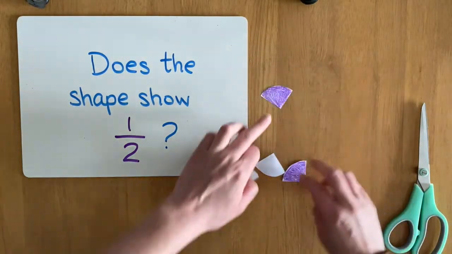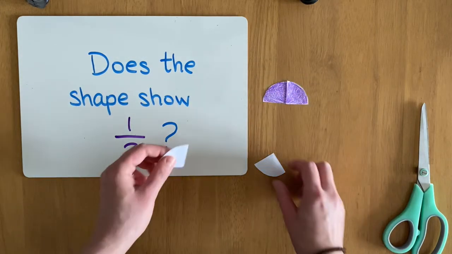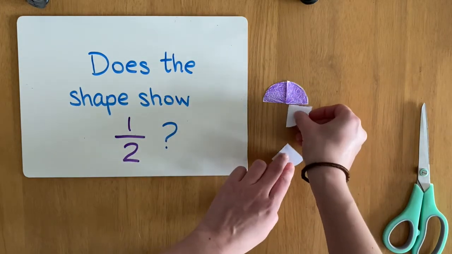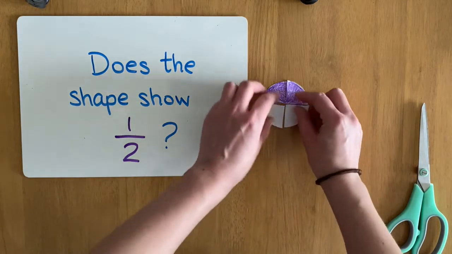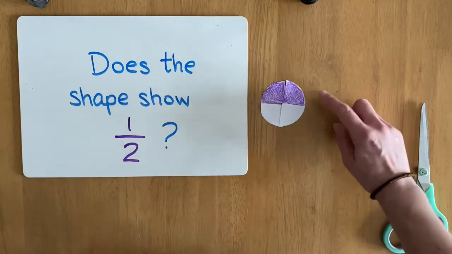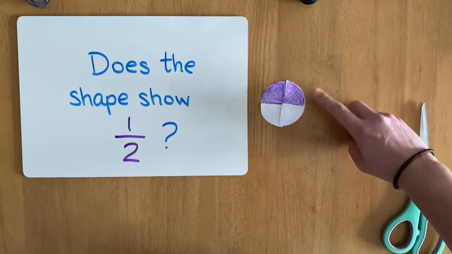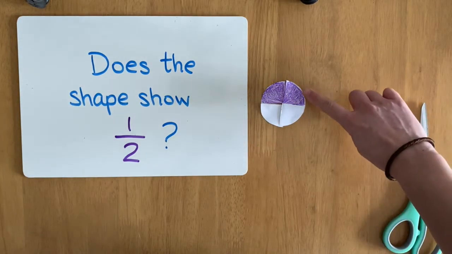So if we rearrange the circle like that, put those 2 parts together, and we're going to put these 2 parts together. We split it into 2 equal parts, and we color in one of those parts.